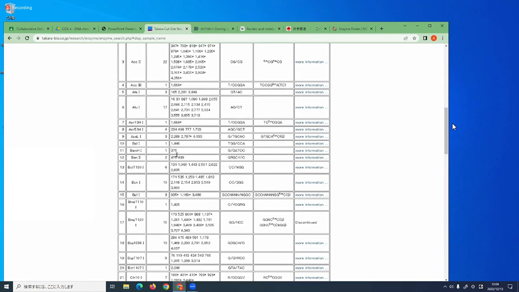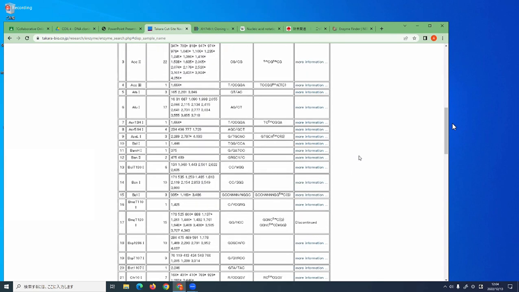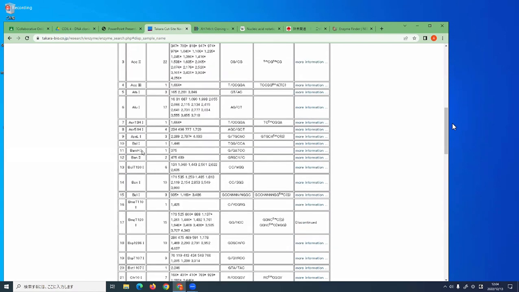So the first screen is to look at which enzyme cuts once, and the second thing to consider is whether you have that enzyme or can purchase it from the manufacturer. Like I mentioned just now, I don't know about AT1, but I know we can buy BamH1.